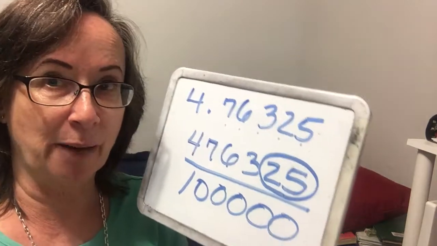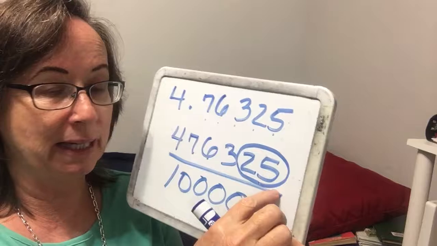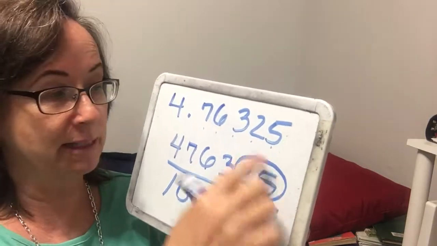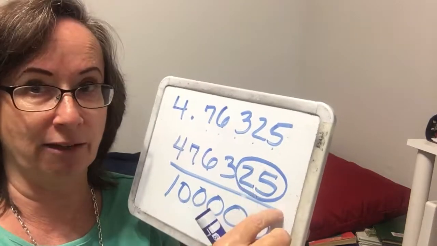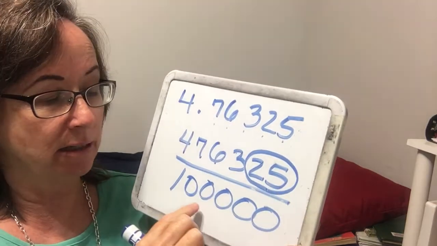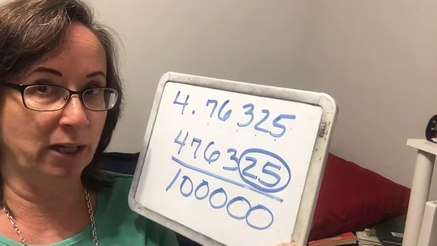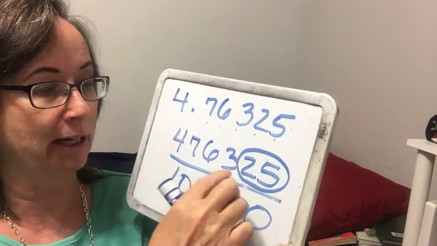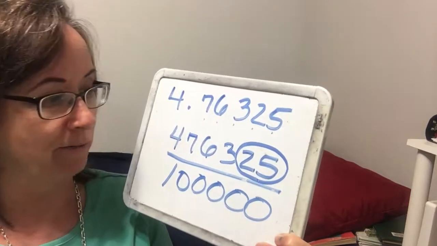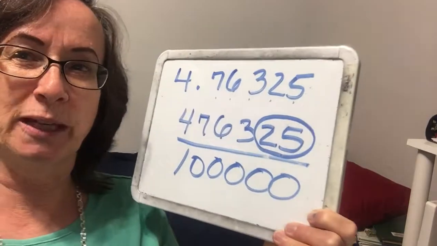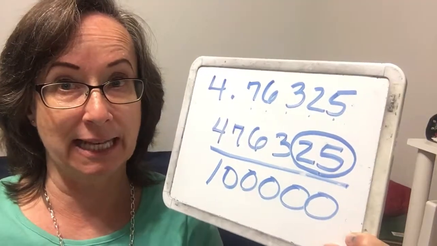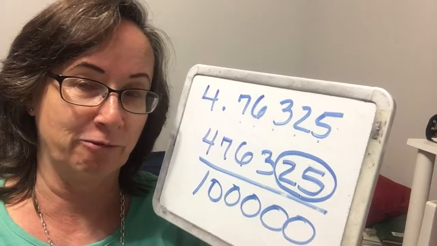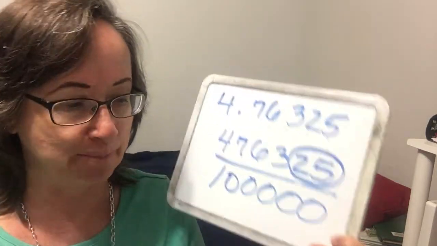Okay, we can divide the top and the bottom by 25 because these last 2 digits tell me that this number is divisible by 25. And remember, every set of 100 is going to end there. And then we have a full 25. So I could divide by 25 on the top and 25 on the bottom. That's not really what they're focusing on in this lesson. So we're not going to worry about it right now. But normally, when you write a fraction, you will also simplify it.